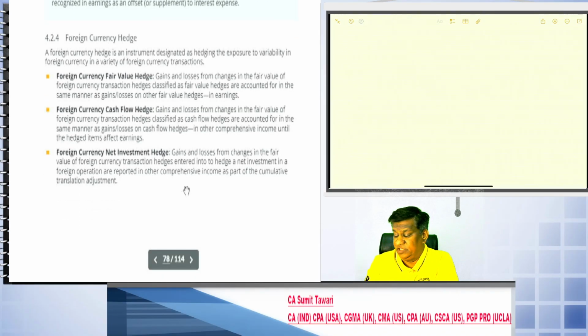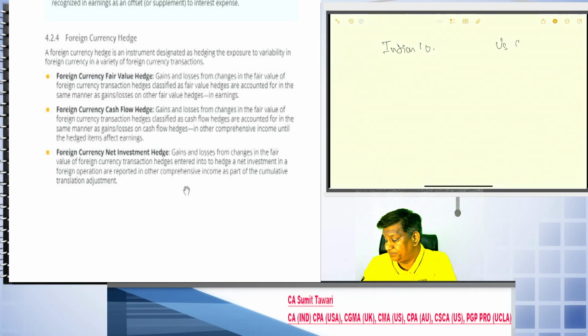Now foreign currency hedge. In foreign currency, what happens? Take an Indian company and a US company. The Indian company has a branch in the US and the US company has a branch in India.